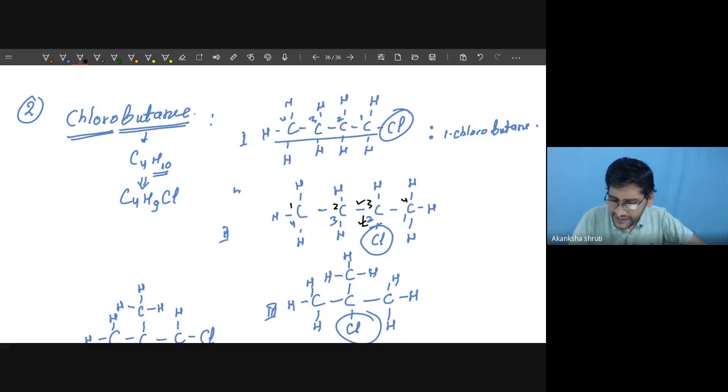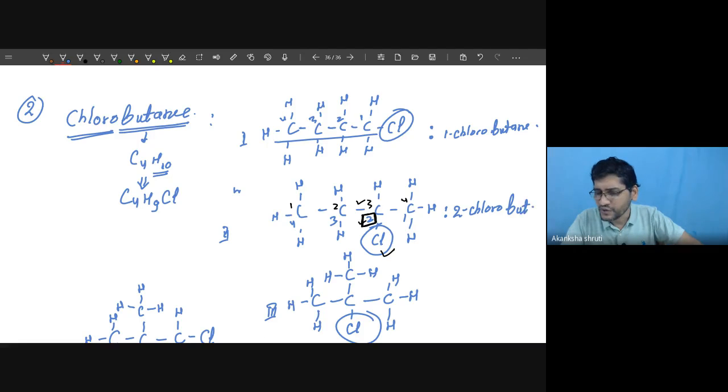In the nomenclature one rule is there: wherever you are numbering, the smaller number you have to prefer, and that you have to put before the chlorine. So the name of this will be 2-chloro. Chloro is used as prefix. What are these prefix, suffix? Everything we will discuss in our next class. Butane. The carbon chain has 4 carbons.